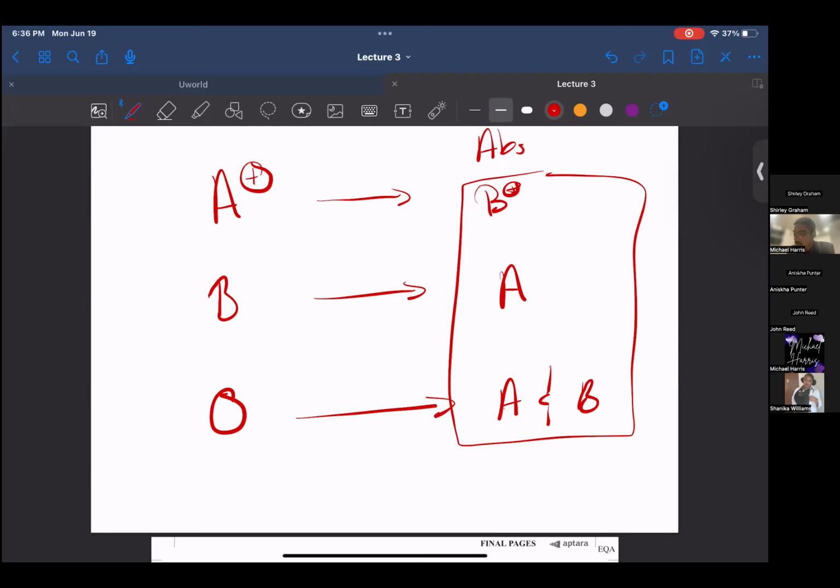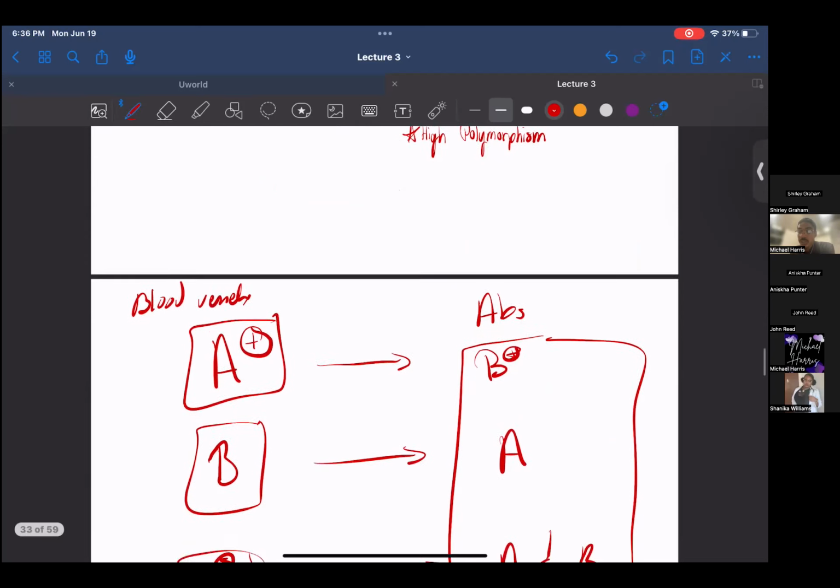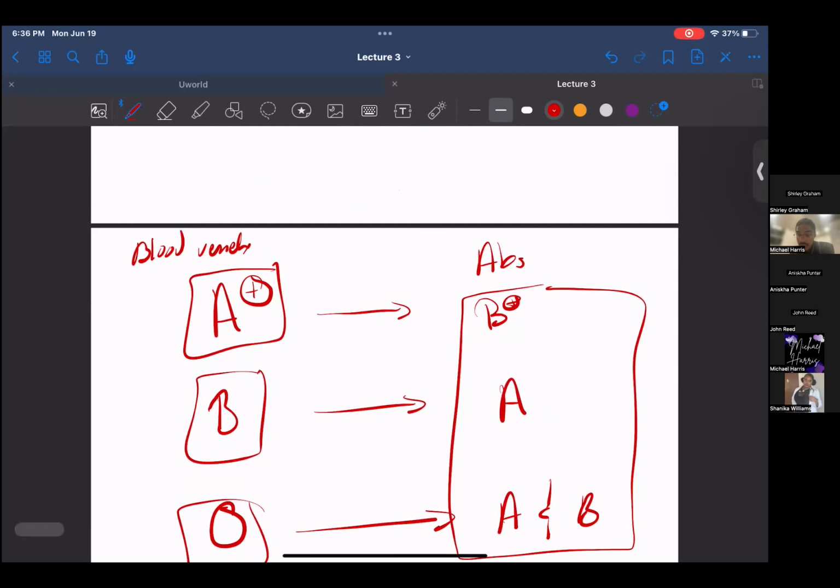So it makes sense for them to also have the same blood groups, your blood vessels. Does that make sense? So not only do the red blood cells have that antigen, but also the actual endothelial lining. Okay.